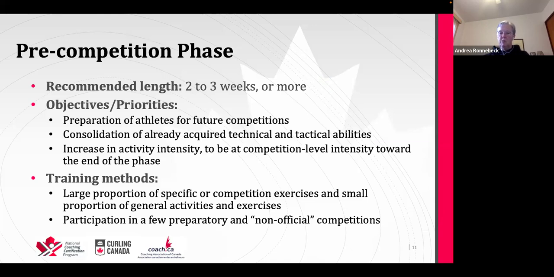A large proportion of specific or competition exercises, and small proportion of general activities and exercises. So you're not abandoning the physical training that was in the general phase, but that's being reduced, obviously, because of time and focus. The participation in a few preparatory and non-official competitions.